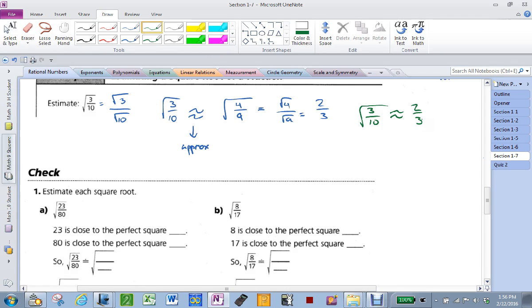Does everyone understand that? Since we know there isn't going to be an exact answer, because they aren't perfect squares, is it all right to estimate this way? Of course it is.